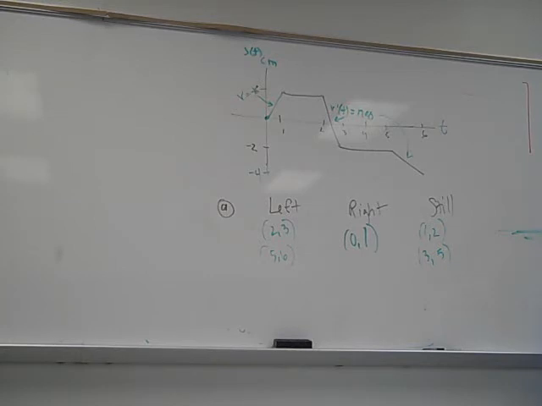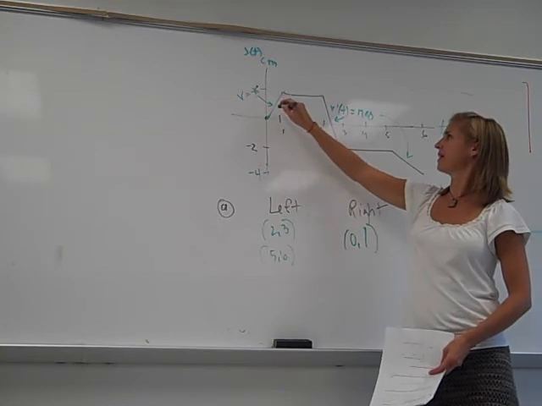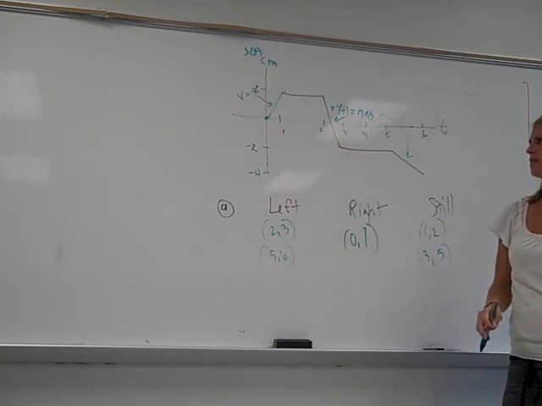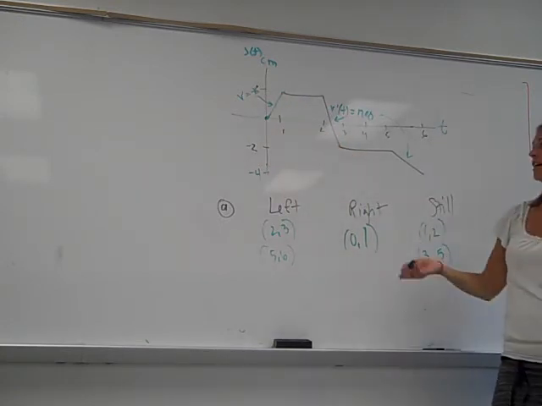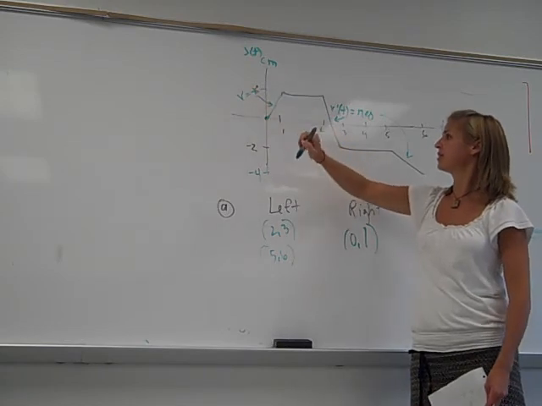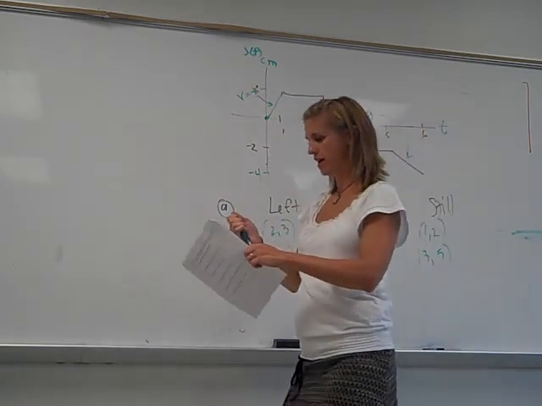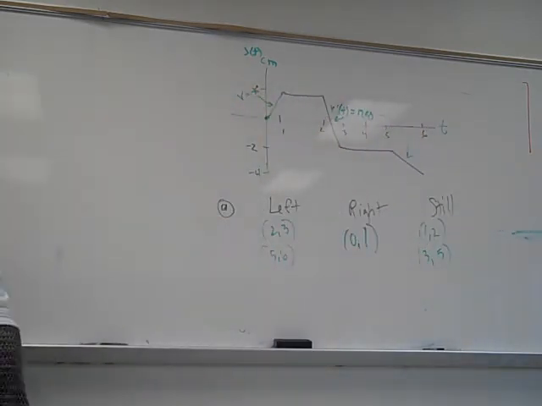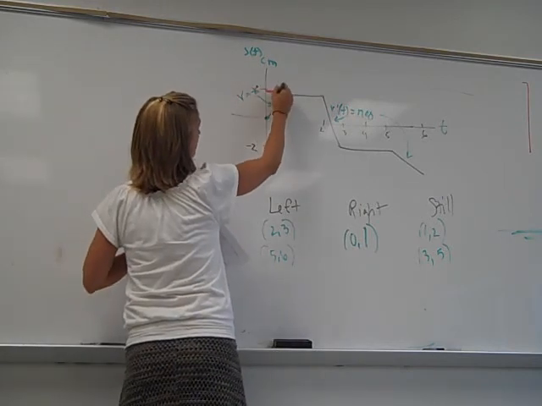All right, cool. And then part B is actually pretty easy. Graph the particle's velocity and graph the speed. So if I'm going to graph the velocity, I'll do it in red. What is the velocity here? We said it's positive, but what is it specifically? 2. It's got a slope of 2, up 2 over 1. So if I was going to graph the velocity in red, it'd be here.